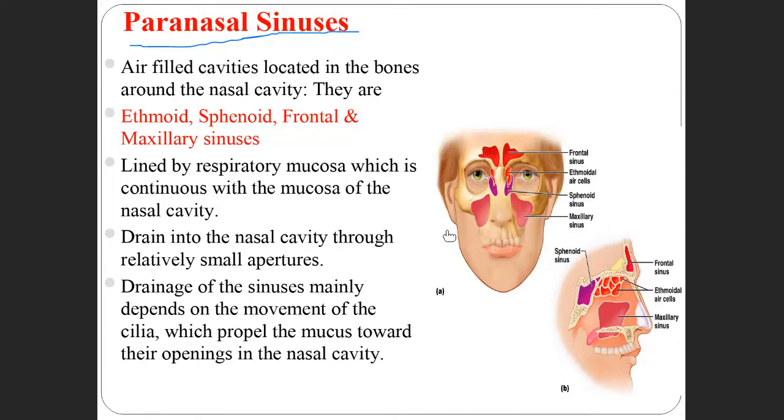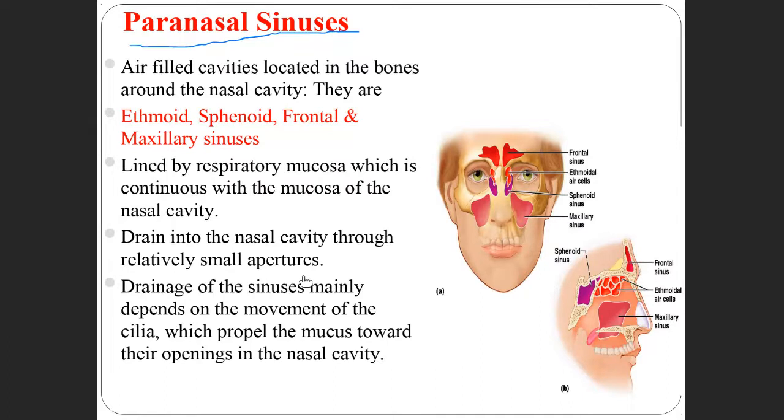These sinuses are lined by respiratory mucosa, a small epithelium or mucus layer. They drain into the nasal cavity through relatively small apertures.